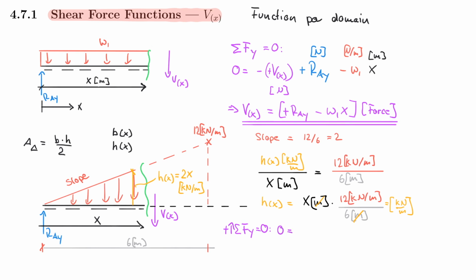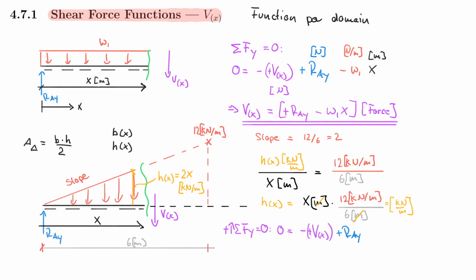0 is equal to, I start with my unknown, minus positive V of x. That did not change. The other thing that didn't change is that I have to include Ray, that's going upwards, so that's plus Ray. And now we need to include the triangle for this length here. So I have the base as a function of x and the height as a function of x.